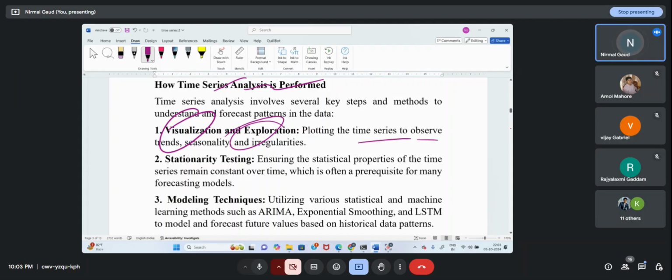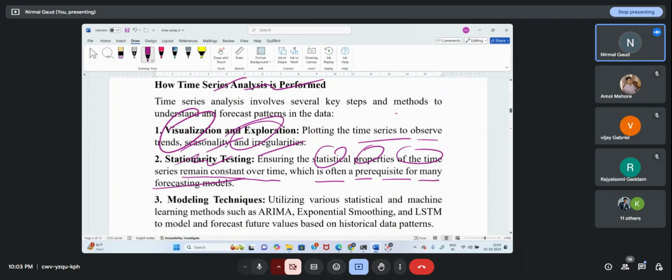Plotting the time series to observe the trends, seasonality, irregularities, we do that. We check for stationarity in the data, stationarity testing. It is a statistical technique to check whether the series remains constant over time or not, which is often a prerequisite for many forecasting models.